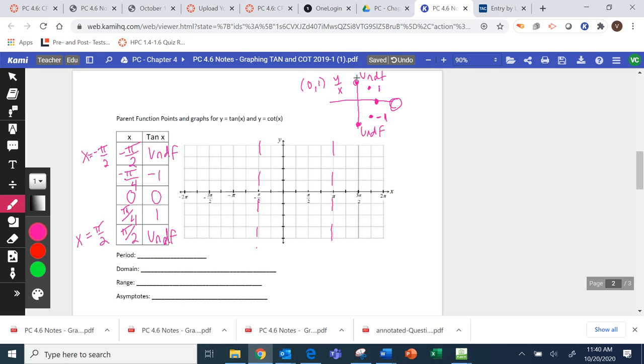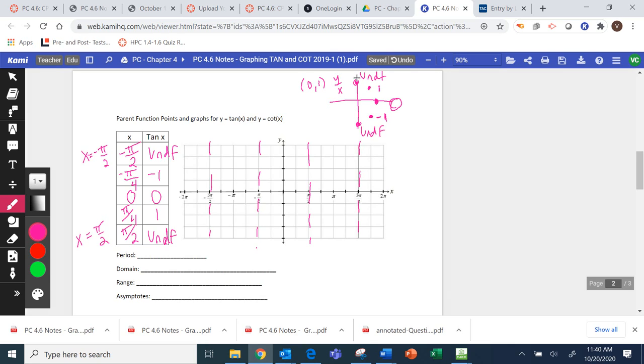Oops, I did not graph that at the right place. Pi over 2, there we go. These are periodic, so they will cycle over and over and over again. So my next asymptotes are going to be 4 blocks apart, just like these asymptotes were. They're all going to be evenly spaced.